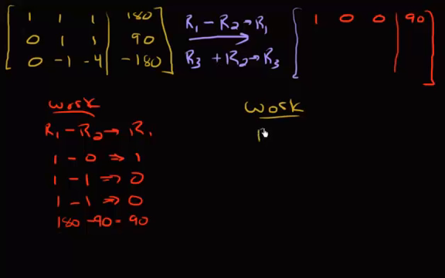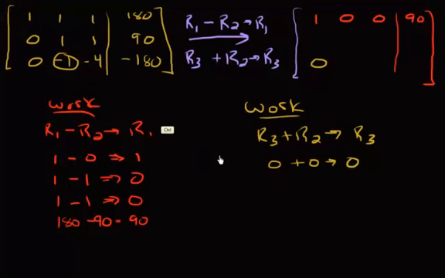So that would be row 3 plus row 2. Store that back into row 3. So we'll get 0 plus 0, which is 0. Then we'll get negative 1 plus 1. So negative 1 plus 1, that's 0. Again, that was supposed to happen.